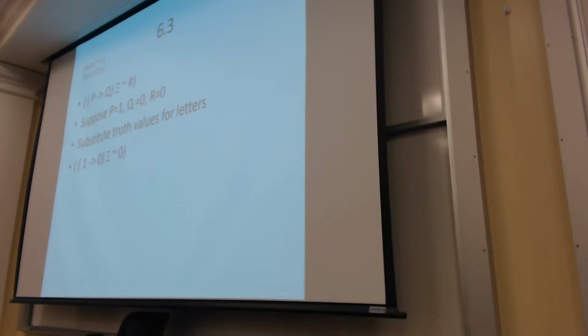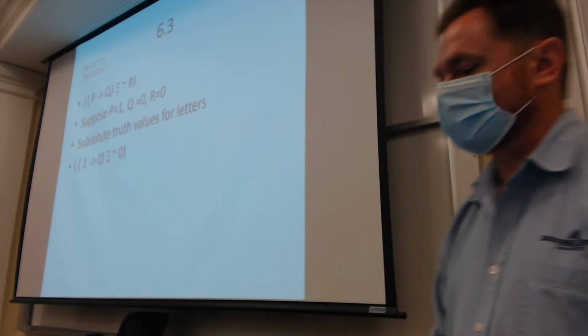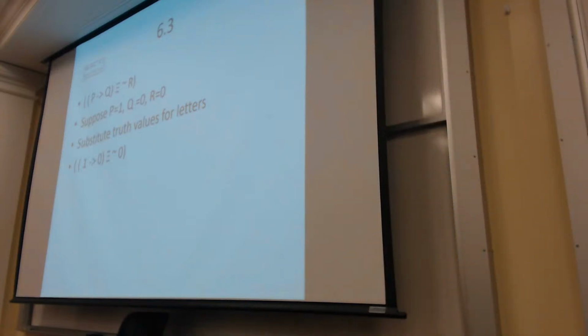All right, so if P, then Q, if and only if, not R. If P, then Q, if and only if, not R. Step 1, we need to plug in the truth values in place of the letters.